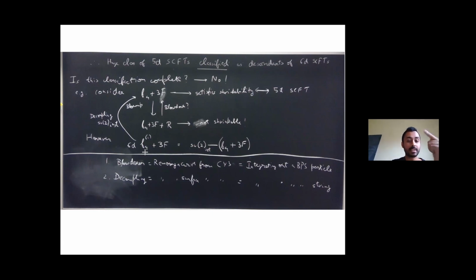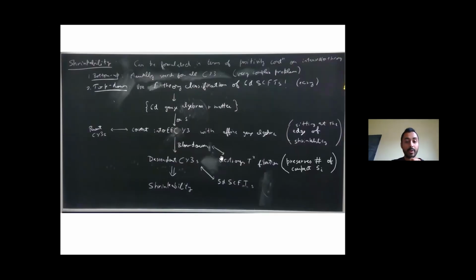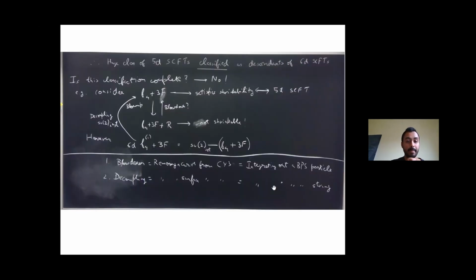So it has one extra surface than this geometry because it has one extra node in its Dynkin diagram. So there is no transition from this 6D F4 plus 3F to 5D F4 plus 3F of a blow down kind, because the blow down preserves the number of compact surfaces, as I remarked. So here I'm going to remove one surface.